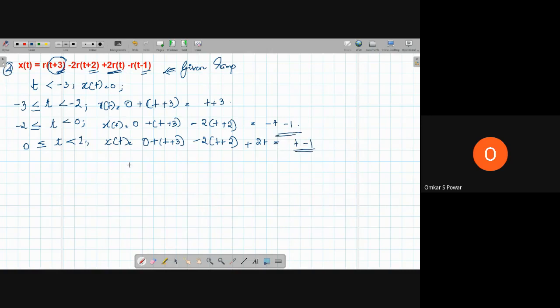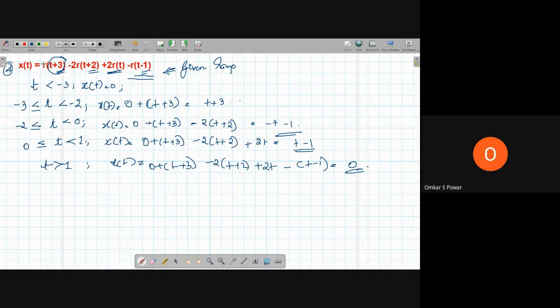You solve this one, simple thing. Then t greater than 1. What is the value of x of t? Whatever the previous value is, plus 2t minus of t minus 1, which if you solve, you'll get 0.